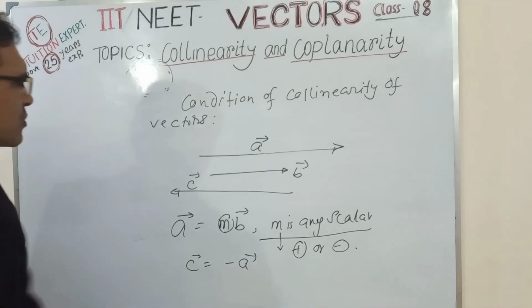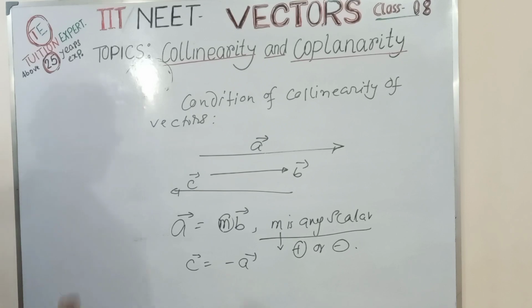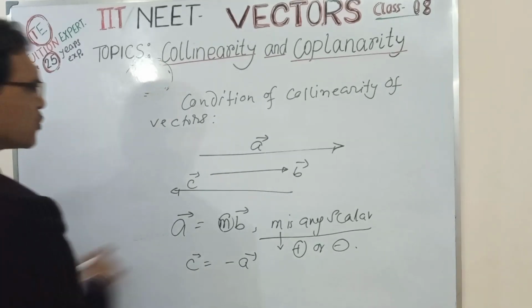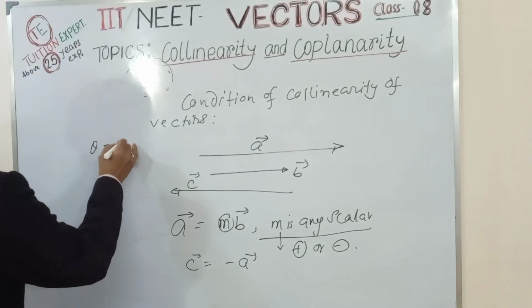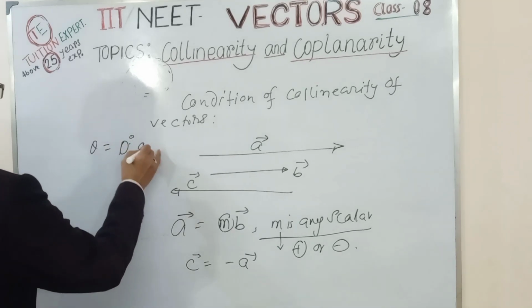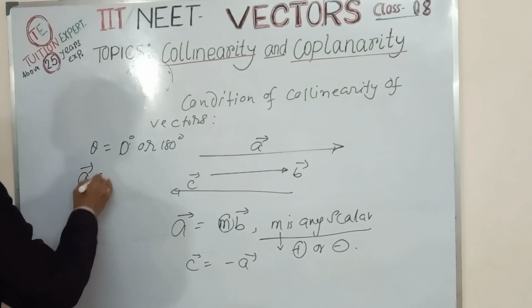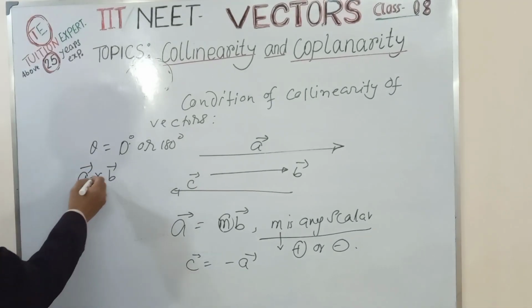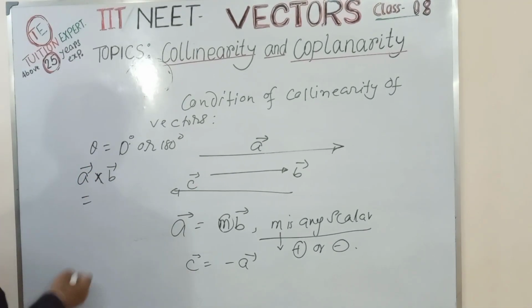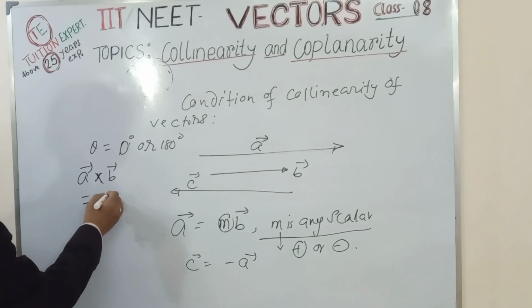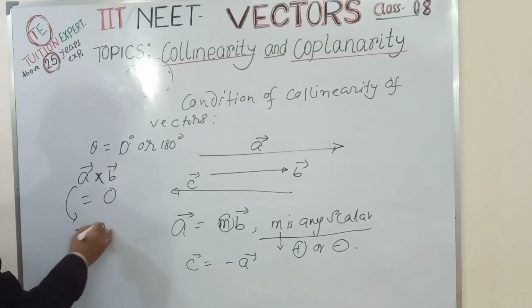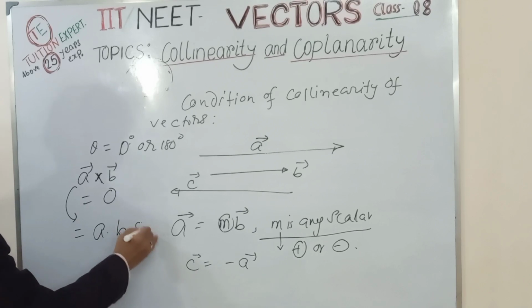Now another condition. We know the angle between two parallel vectors is 0 degree or 180 degree. So for two collinear vectors, their cross product will be 0, because cross product means A B sin theta.